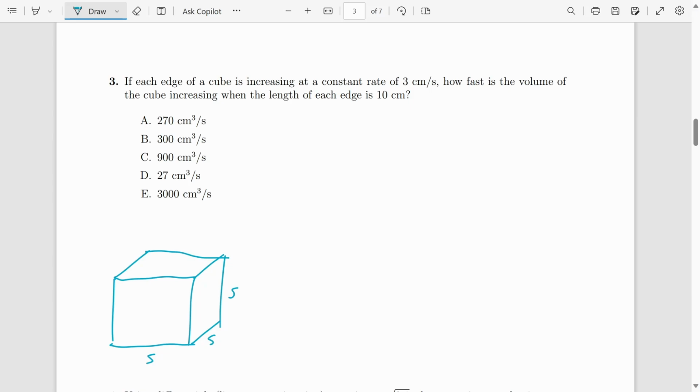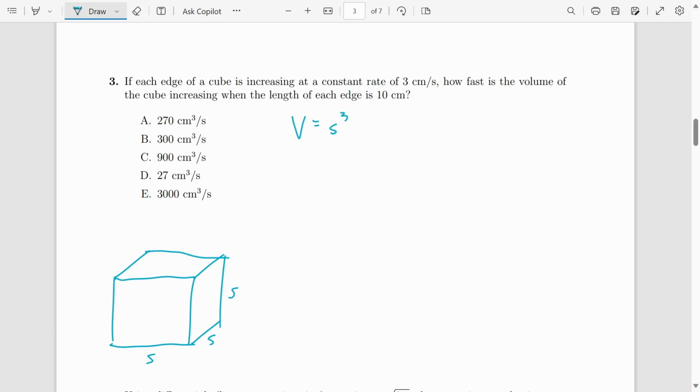So first thing we do for related rates is determining what formula we need to use to solve this. That formula should relate a lot of these pieces of information together. Now, since we're given a side length and we're asked to find the rate of volume, we can probably just use the regular volume formula, where it's the side length cubed. So V equals S cubed.